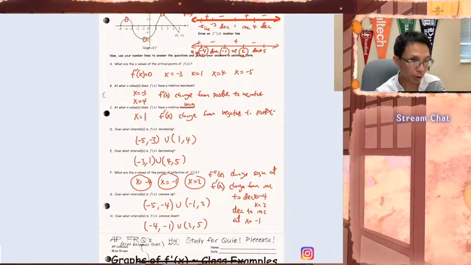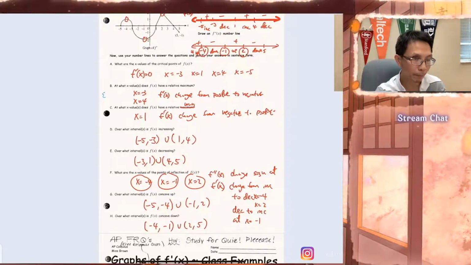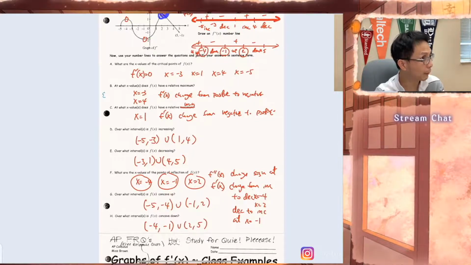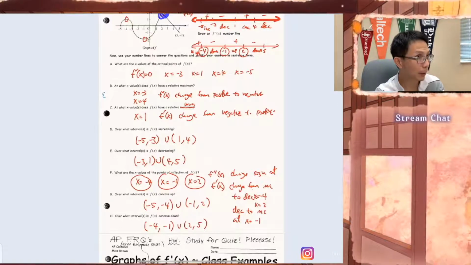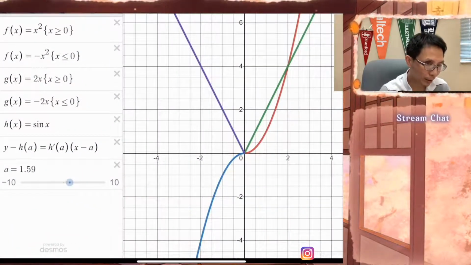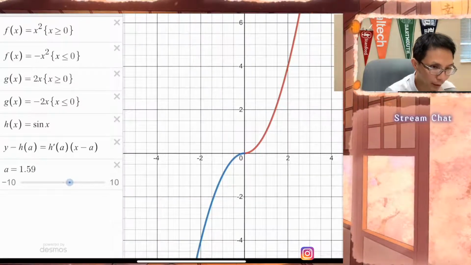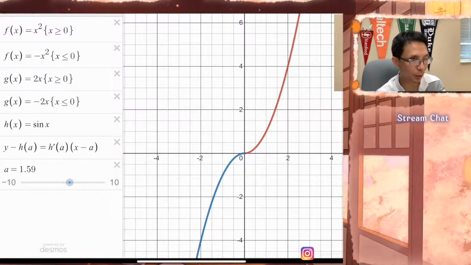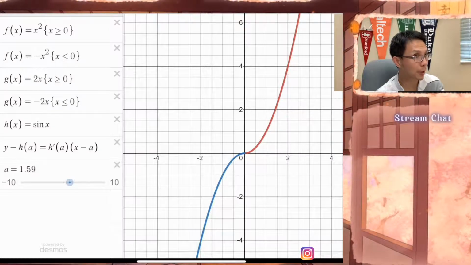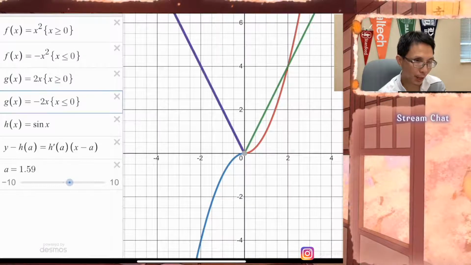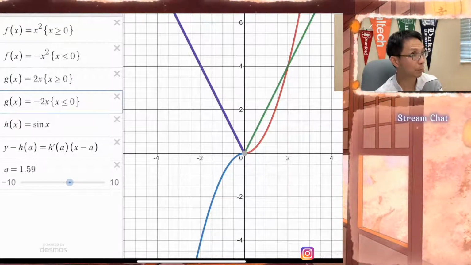Okay, so now some people are asking about this part. Is this an inflection point? I'm going to prove to you they are inflection points. How am I going to prove it? I'm going to create a function. So this is a function I created. It's x squared when x is greater than 0, and negative x squared when x is less than 0. Now, if I take the derivative of both pieces, I get 2x and -2x. And you see that it's a cusp, a sharp turn.